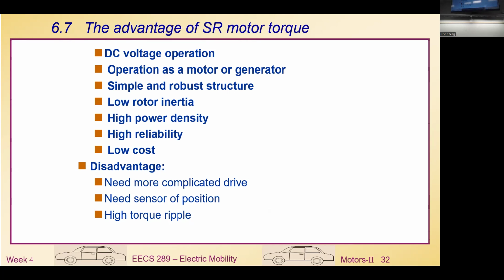Inertia. Why does this motor have low inertia? Anybody can give me a hand? Why does this motor have low inertia? No winding. No winding. True. The rotor, the rotating part, is only silicon iron. No winding there, so it does not add any heavy load. That's why this motor has a really low inertia.